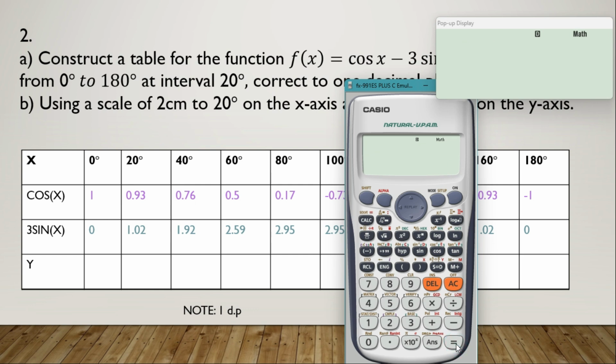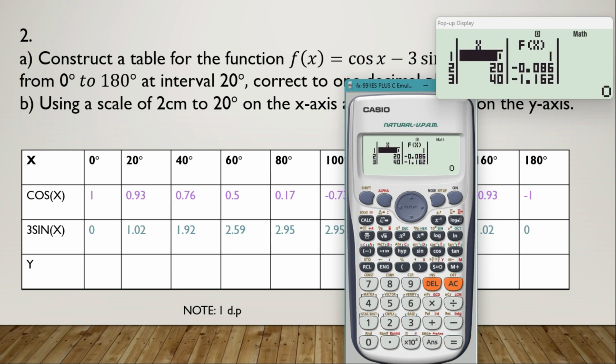So these values here are the y values. So if you key the whole function inside the calculator, it's going to give you the y value straight away. So when you take 1 minus 0 is 1, as you can see over here, and then 0.93 minus 1.02, you're going to get negative 0.086, which is here.